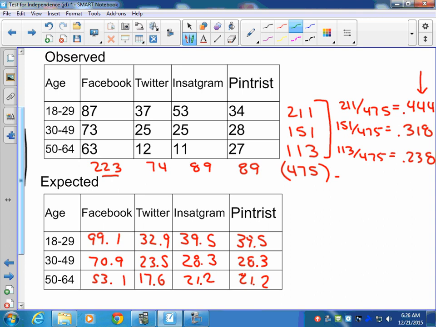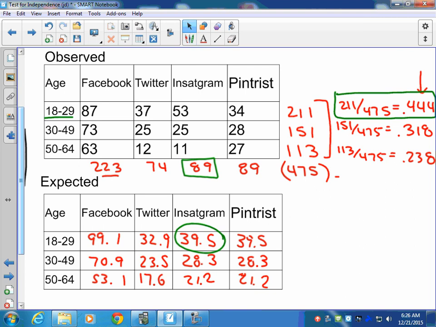If I want to find this value, the expected value for 18 to 29-year-olds that picked Instagram, what I'm looking at is the proportion of the overall population that is in the 18 to 29-year-old range, and multiplying that times the total value for the Instagram row of 89. So that's how I get that individual value.